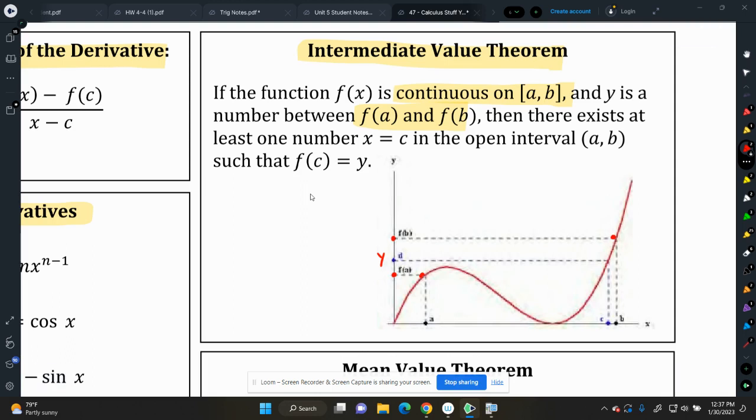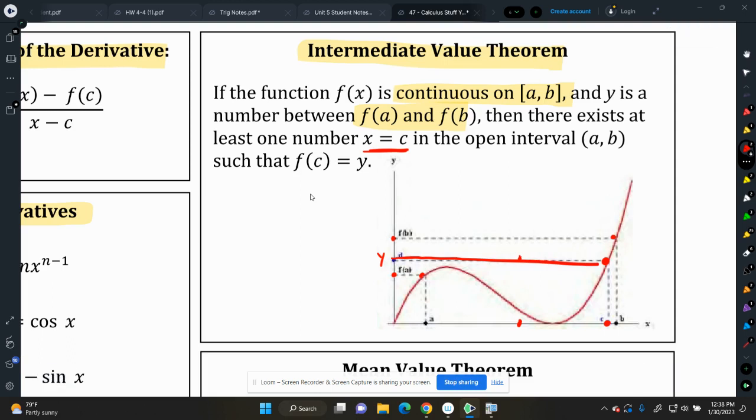Then there exists at least one number c on the open interval, such that f of c, well, that's a really bad example. Let me use, here, I have it here. That was dumb. Here's your c. f of c falls on that interval.